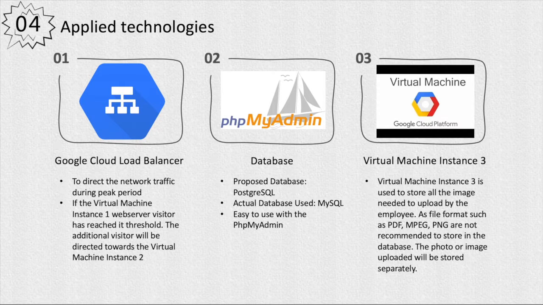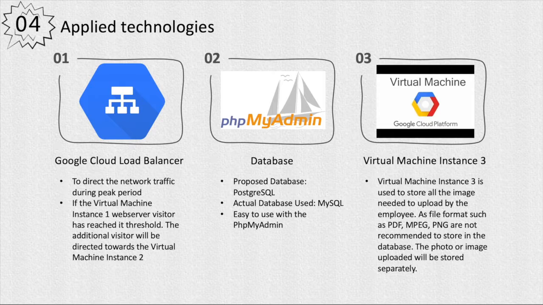The third virtual machine instance, virtual machine instance 3, is used to store all the images that need to be uploaded by the employee, for example the medical leave certificate and other official letters they are required to upload for the manager to view. We built this third instance because our research found that file formats such as PDF, MPEG, and PNG are not recommended to be stored in the database.